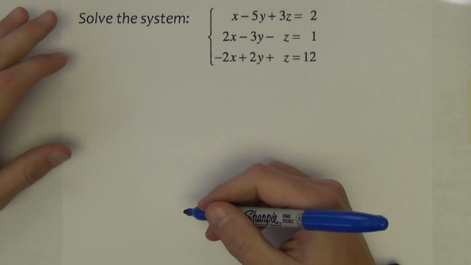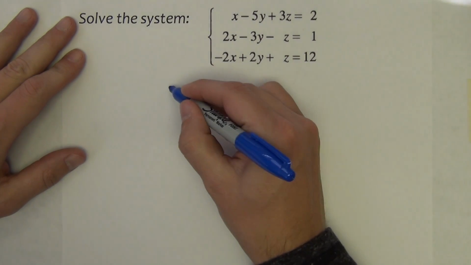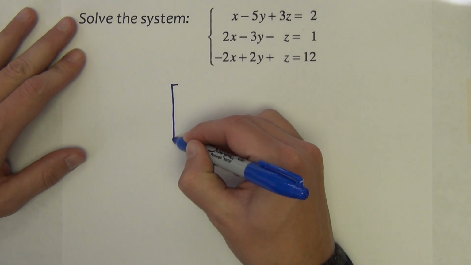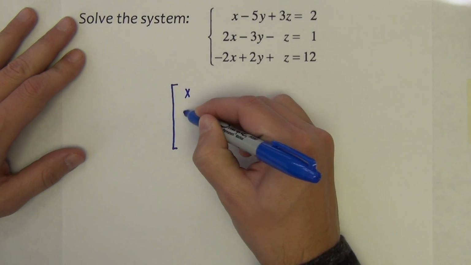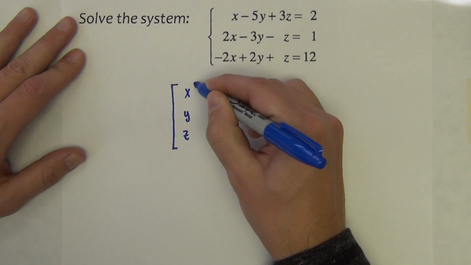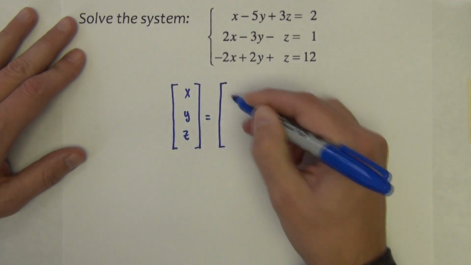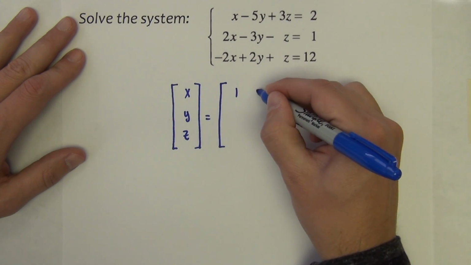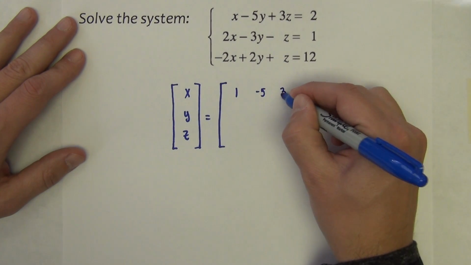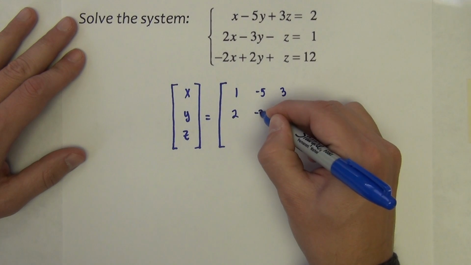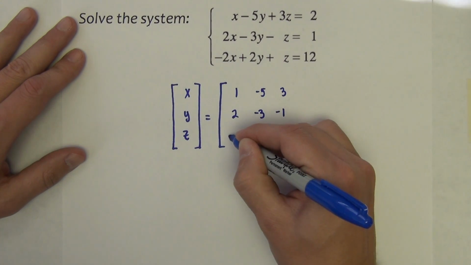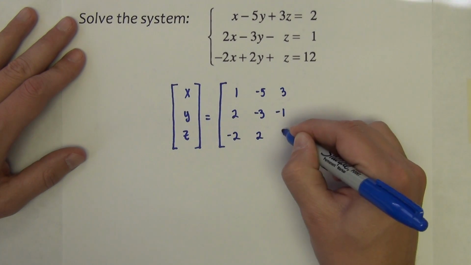Alright, the last problem here, I'm going to do the same way with the inverse matrices. I'm just going to skip a step and get right to x, y, z is going to be equal to the inverse of the coefficients. The coefficients are 1, -5, 3, 2, -3, -1, -2, 2, 1.